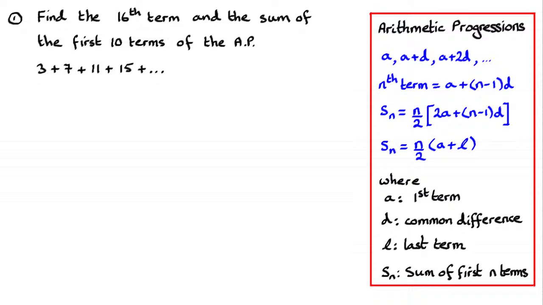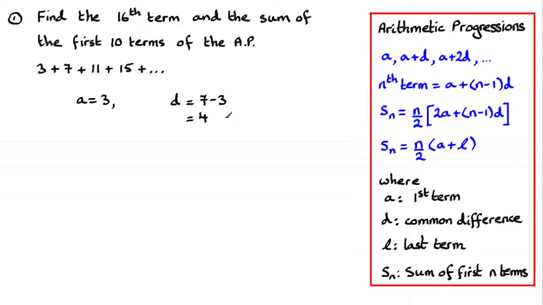So well done. Let's just quickly show you if you were having a few problems. The first term, A, is 3. The common difference, D, is going to be 7 minus 3, which is 4, or any of these have got the same difference. 11 take 7, 15 take 11, they all come to 4. So that's your common difference.